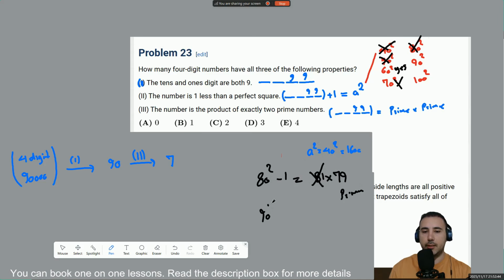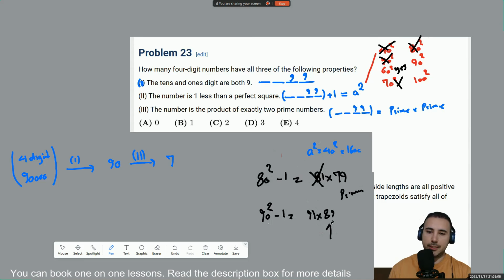90 squared minus 1 is going to be 91 times 89. Okay, so this one, let's double check. It's going to be 90 minus 1 times 90 plus 1.